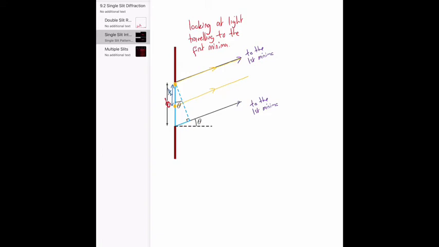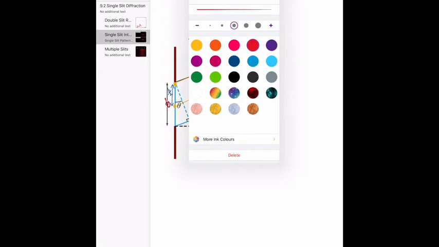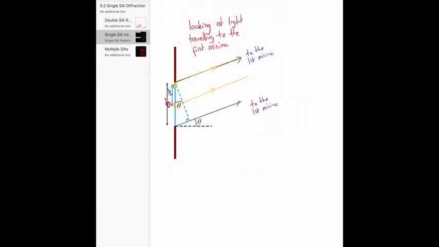Now, let's use the conditions that we mentioned earlier. We know if it is a first minimum, that means that we have to have a path difference of one wavelength. So, how does that work? Well, if we look at these two rays, this bottom one has travelled a little bit further.